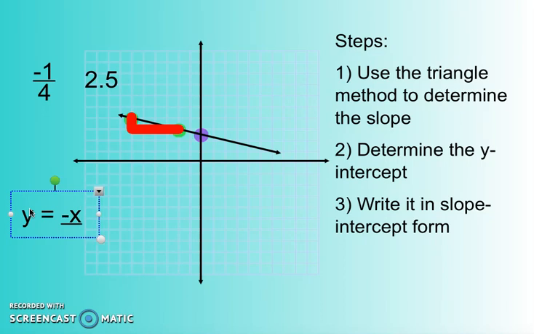Then plus 2.5, and I have to make sure I have the 4th, or that's not going to make any sense. So this is what my equation would look like. I have my slope, I have my y-intercept, and it is in slope-intercept form.